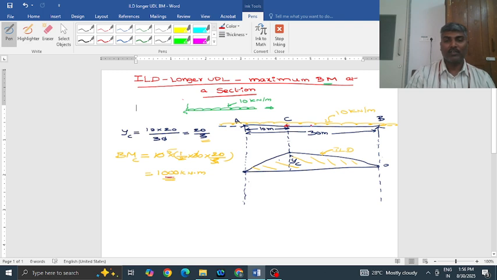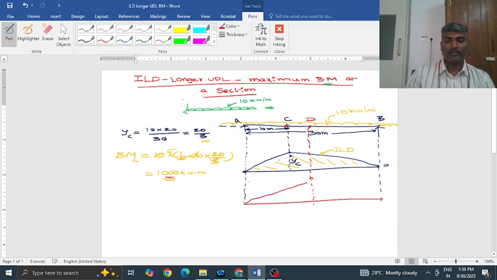We have discussed earlier that the center of the beam is going to have the maximum bending moment. So let me draw the ILD for bending moment at the center. D is the center.